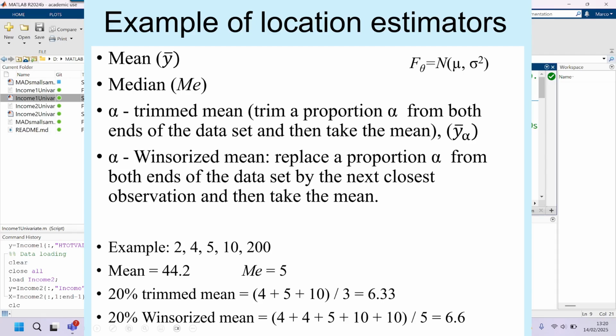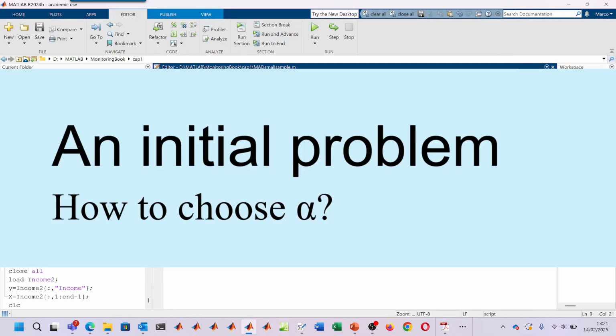In chapter 1 we introduced the basic estimators of location, mainly the mean, the median, and the trimmed mean. Trimmed mean has an important parameter, alpha, which is the proportion of the most remote observations that you want to exclude.